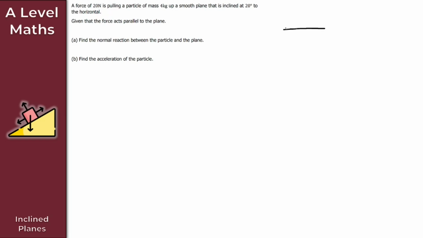We then have a smooth plane, like so, that is inclined at 20 degrees to the horizontal. And we have a particle of mass 4 kilograms. So I've got my particle here, like so. And this would be the diagram for this problem.